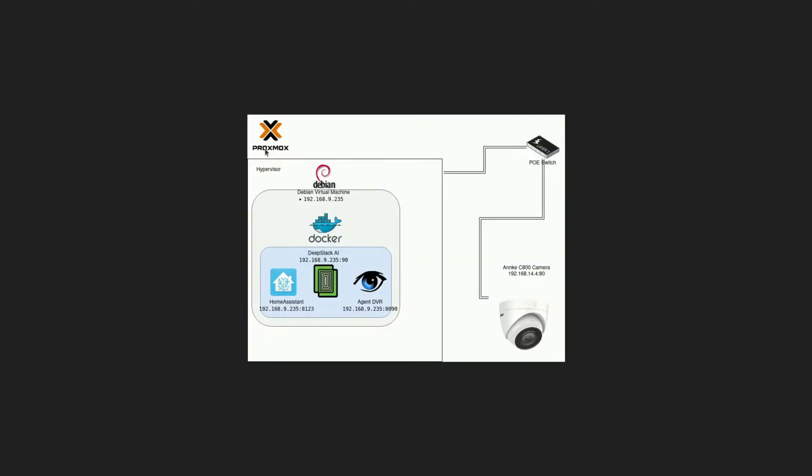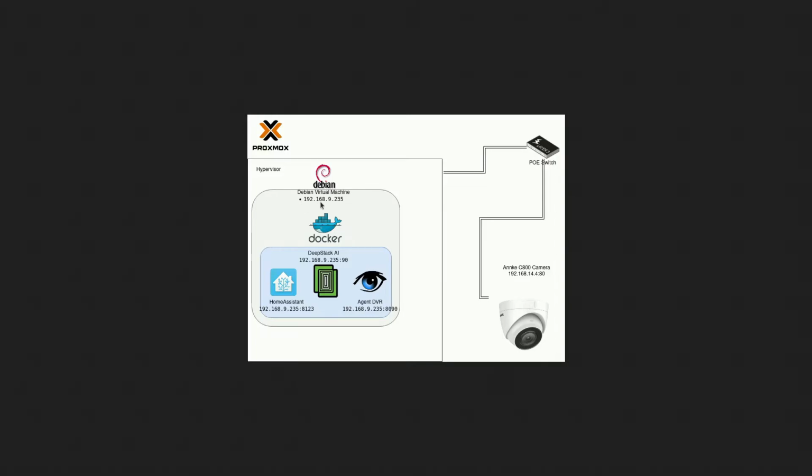In this guide for our hypervisor, we're using Proxmox. You might be familiar with ESXi, VMware, VirtualBox, Windows Hyper-V, KVM, etc. Doesn't really matter as long as you create a Debian-based virtual machine.